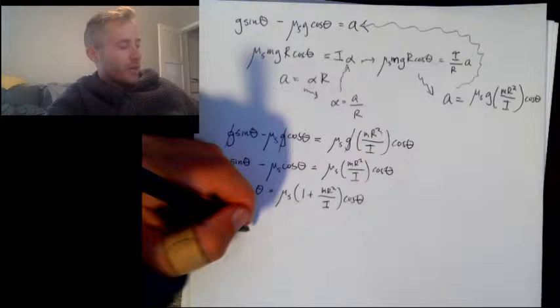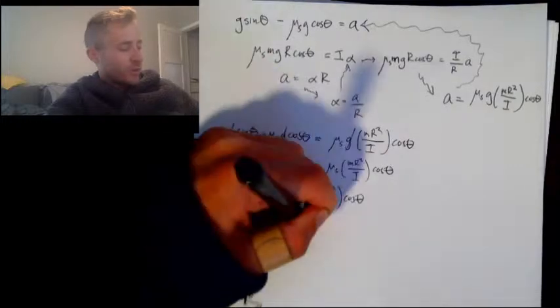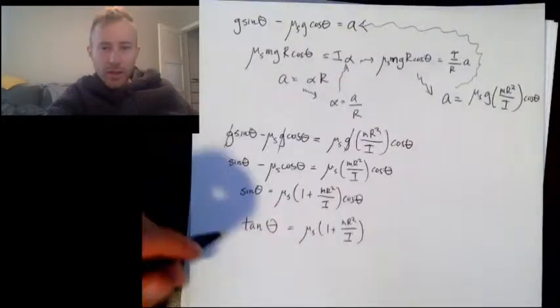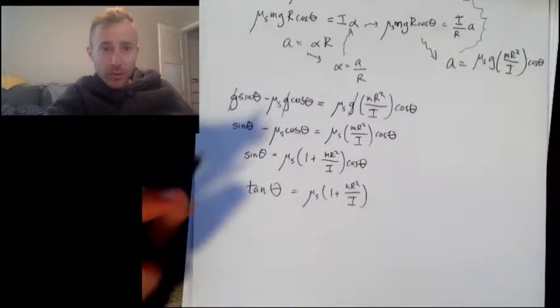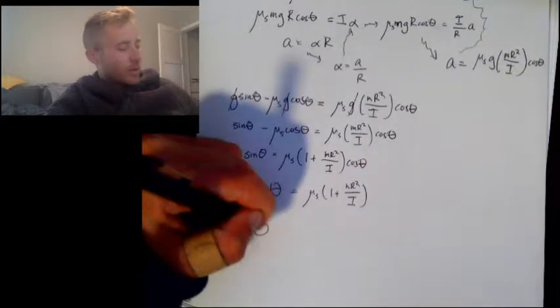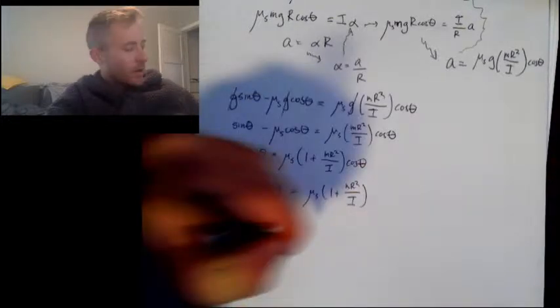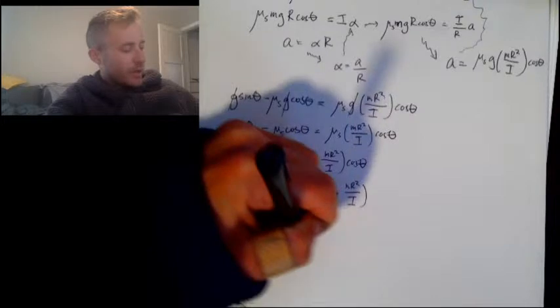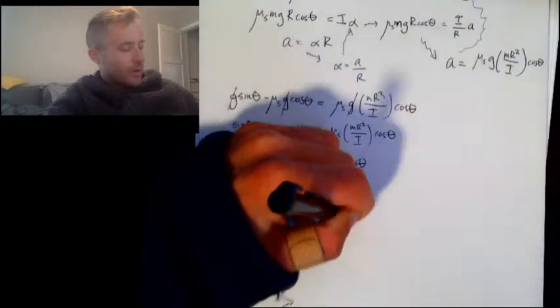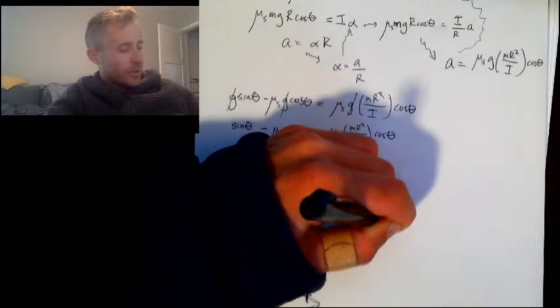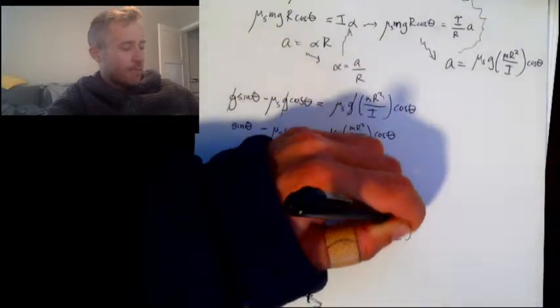I get tangent of theta equals mu sub s times the quantity 1 plus mr squared over I. And then I'm trying to solve for the angle, so I do an inverse tangent. And what I get, I'm going to put a star here because it's a special angle. I get that that special angle is inverse tangent of the quantity mu sub s times 1 plus mr squared over I.